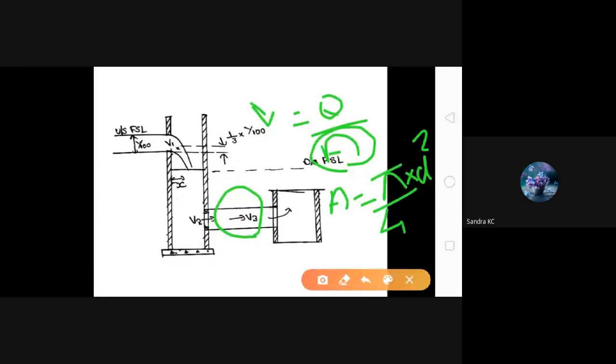After getting the area, we need to determine the velocity V3. That is 1 by 0.785. So we get the value as 1.27 meter per second or 1.28 meter per second. Did you get it? Did you understand up to this?